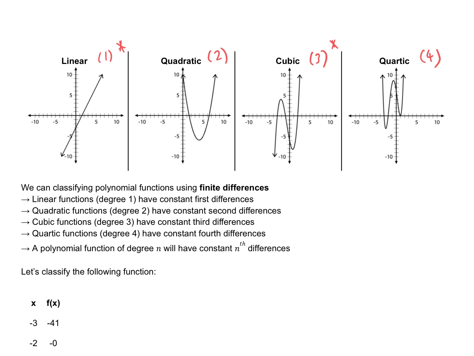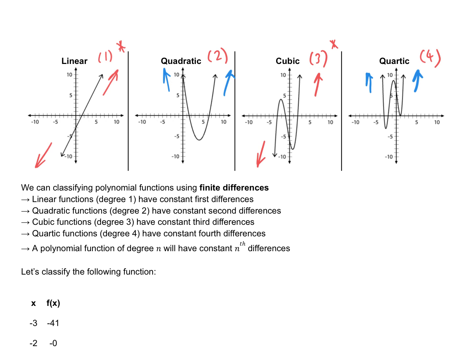So for the linear one, it's going down into the negatives forever on the left side and going up to the positives forever on the right. And the same thing is happening with the cubic, down forever on the left and up forever on the right. Whereas with our quadratic and quartic, it's going in the same direction long term on the left and the right.